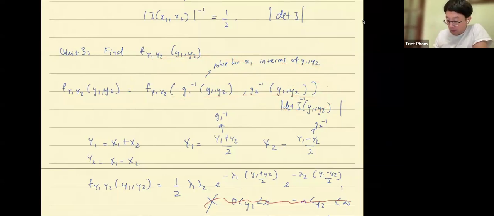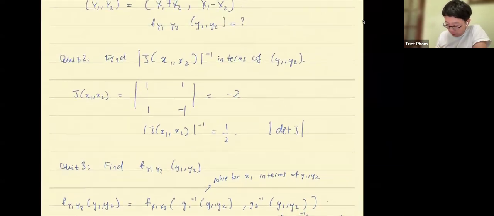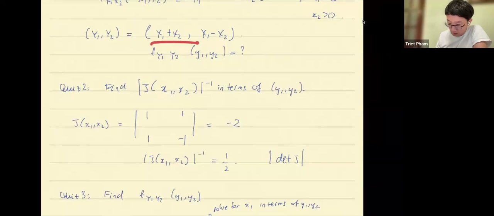The only potential difference is this guy, where you can either do the forward Jacobian, meaning that you can just take the forward map, like this, and differentiate with respect to x1, x2, and then take the reciprocal.